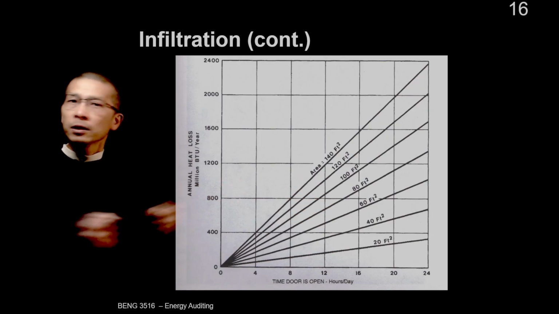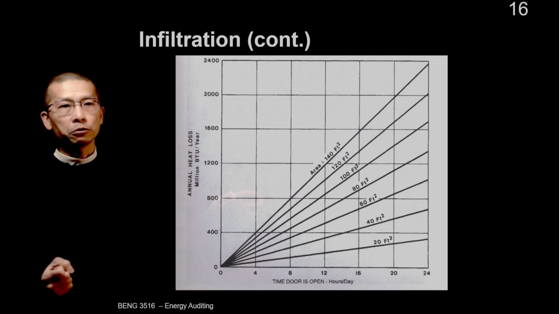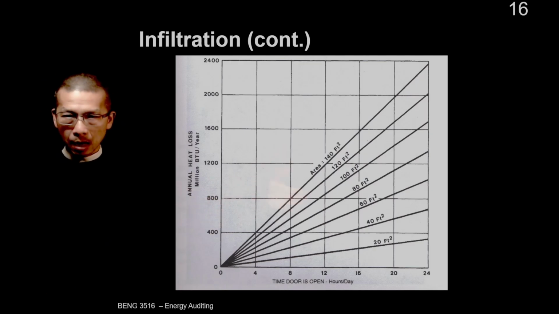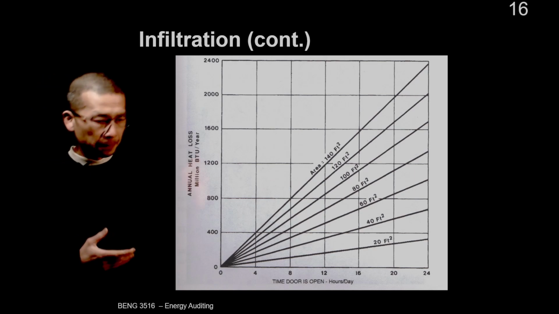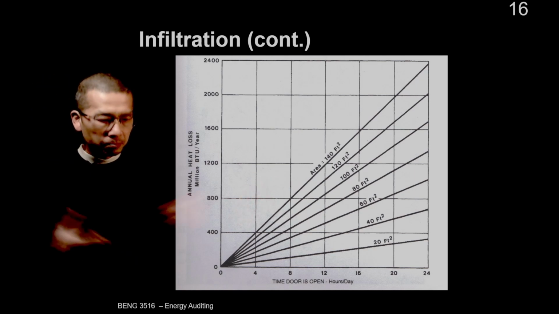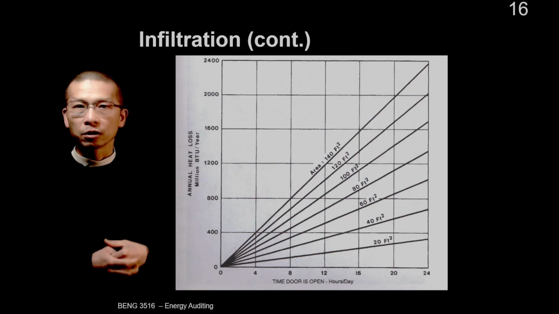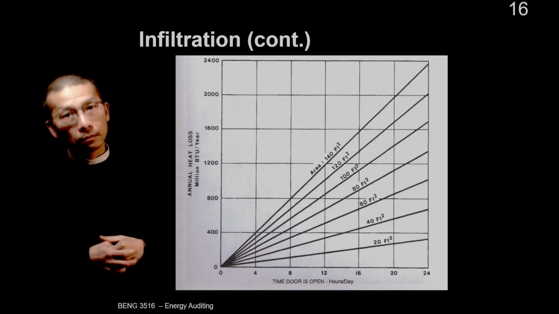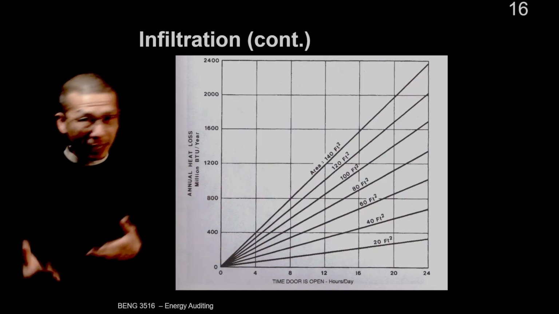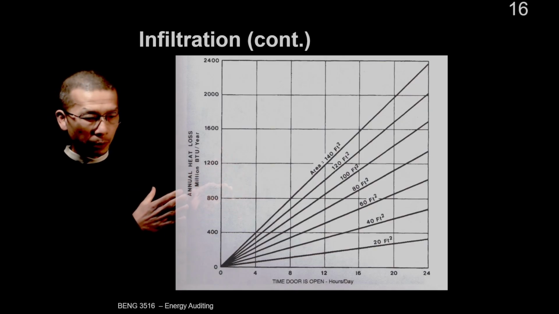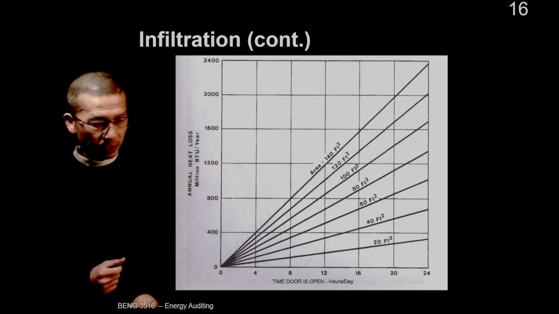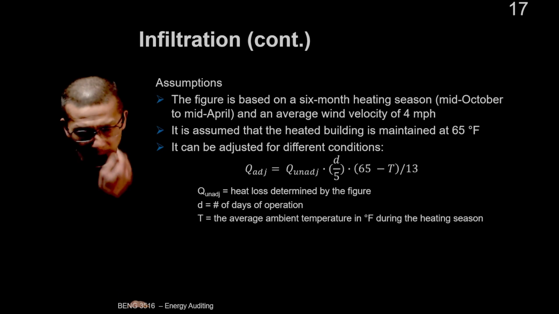So how often the door is opened, and also the size of the door, lets you estimate the heat loss due to infiltration. Now, depending on the location, there are assumptions made when this figure was created. So here are some of the assumptions.